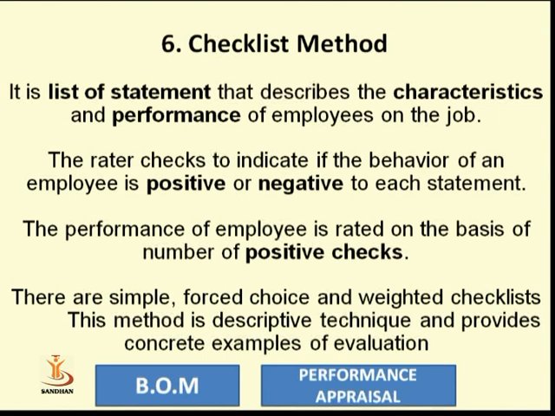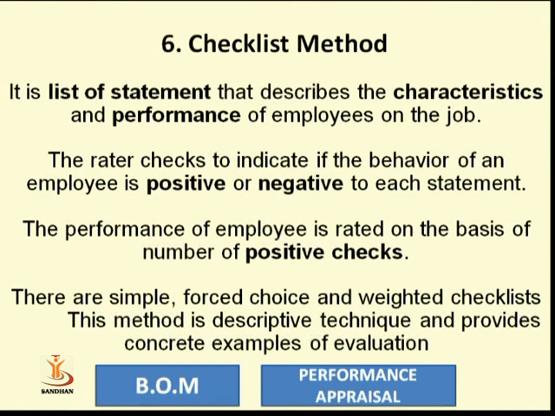Here, the rater checks to indicate if the behavior of an employee is positive or negative to each statement, and based on that, the counting is carried out: how many positive checks are given with respect to the list of statements, and similarly how many negative markings.